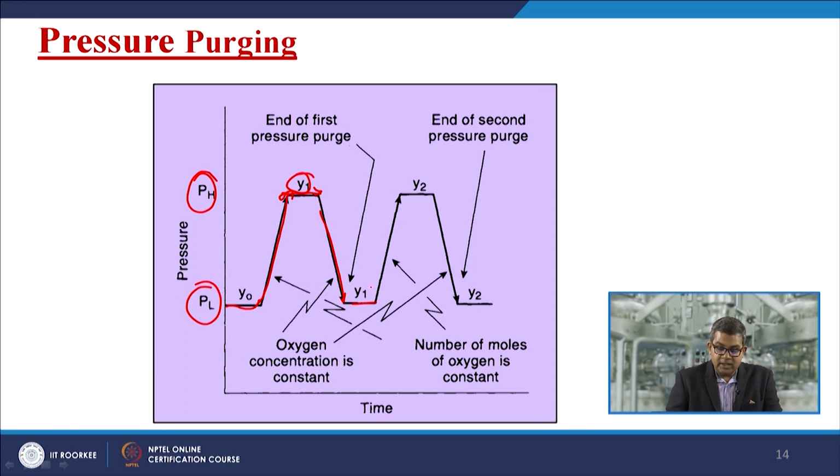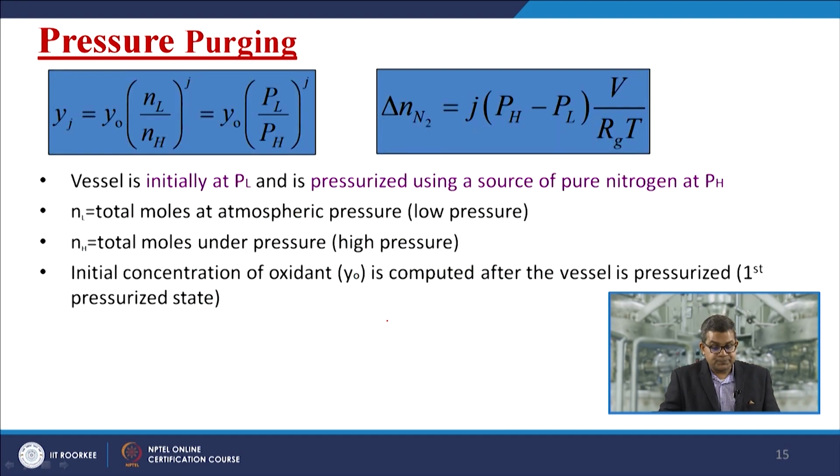Then we raise the pressure to PH again, introduce the inert gas, and maintain the Y2 concentration of the oxidant. Usually in all systems we keep the number of moles of oxygen constant throughout. In this way we have 2 pressure purge cycles.